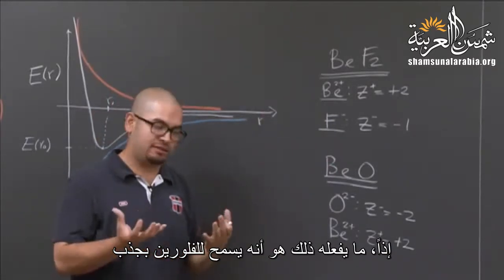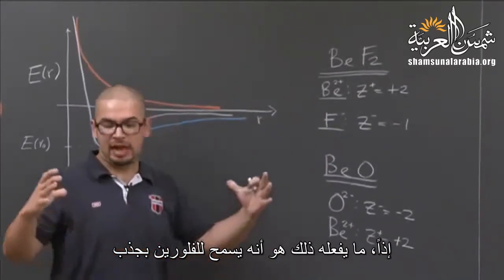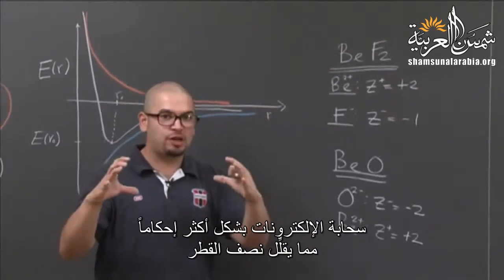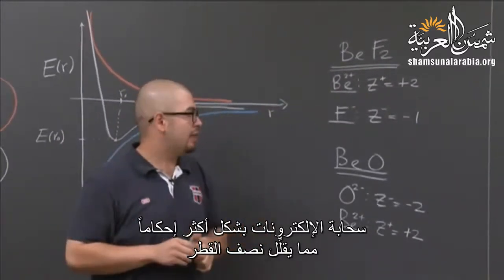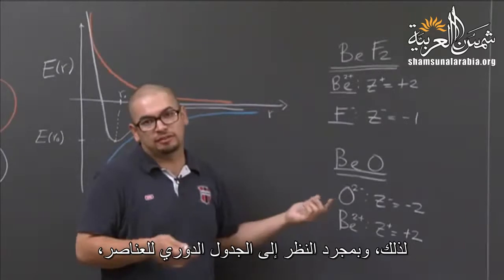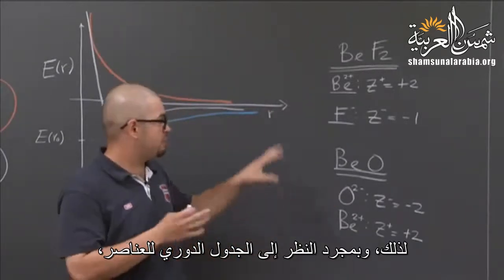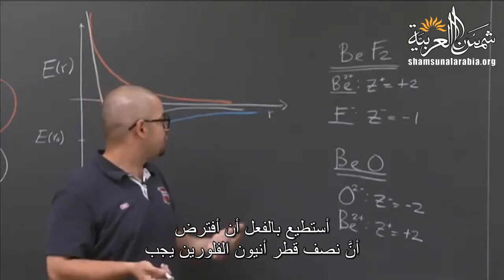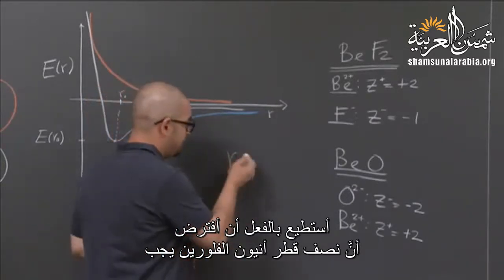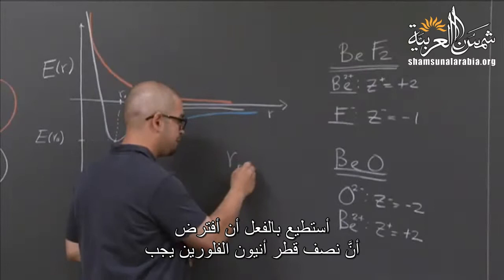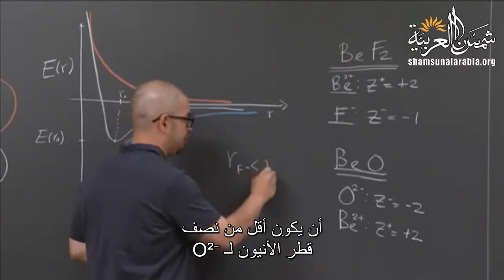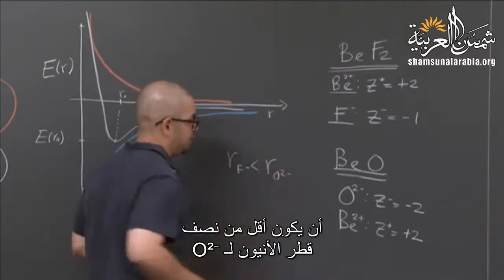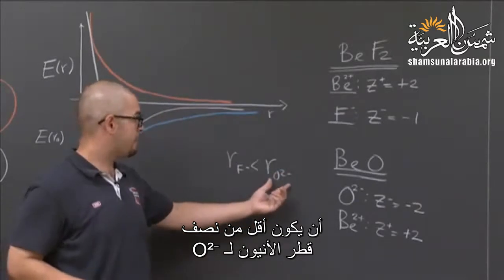So what that does is it allows the fluorine to pull the electron cloud tighter together, and that decreases your radius. So just by looking at the periodic table of elements, I can already assume that the radius of my fluorine should be less than the radius of my O2 minus anion.